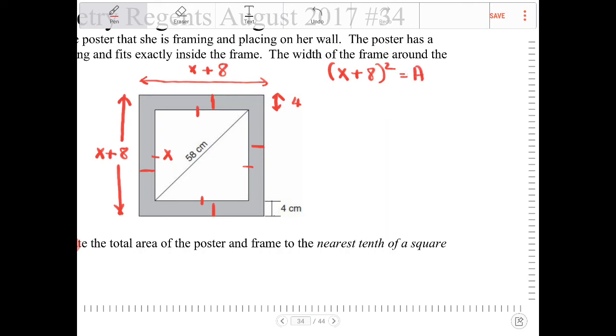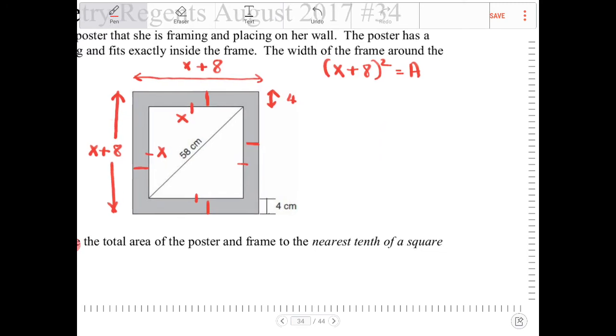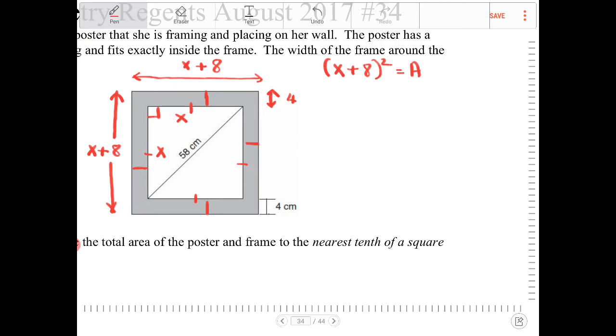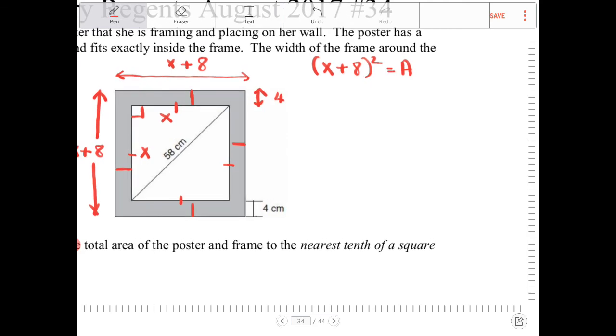This is the value that I'm trying to figure out. The first thing I have to do is determine the value of x. Since I'm given the diagonal, I can apply the Pythagorean theorem. I know that x squared plus x squared will equal 58 squared.